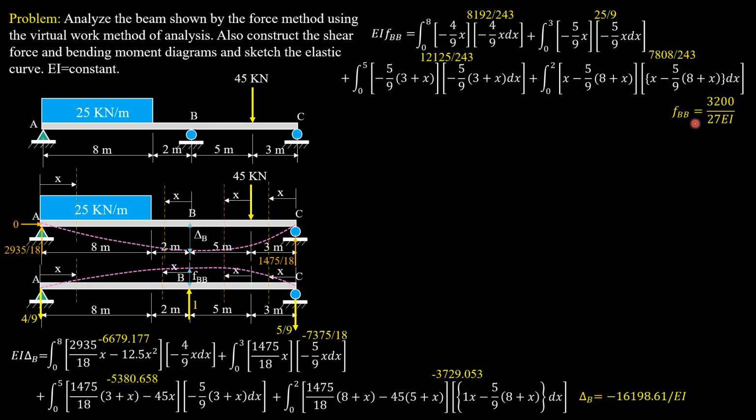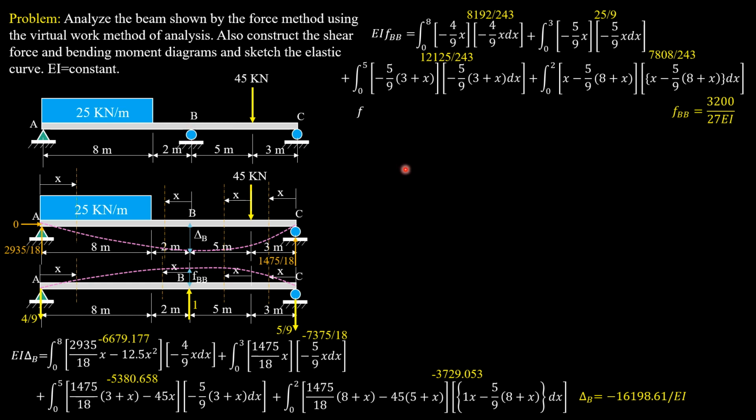Now that we have found FBB, we magnify this by multiplying, because that's a force coefficient due to RB. So FBB times RB, which will deflect upward, plus delta B, which we got as negative 16198.61 over EI, and the result should be 0, because support B has no settlement.